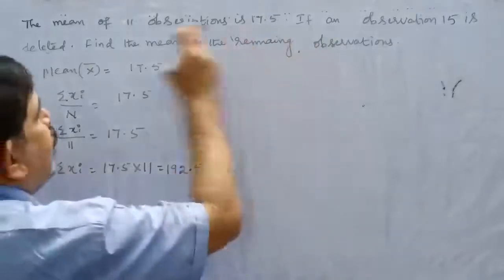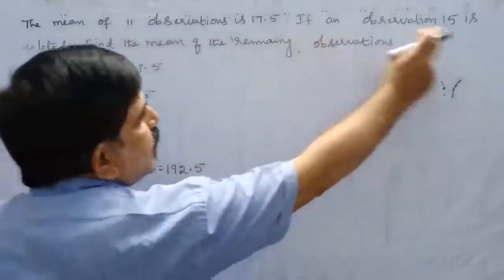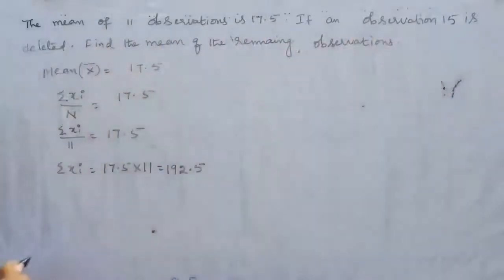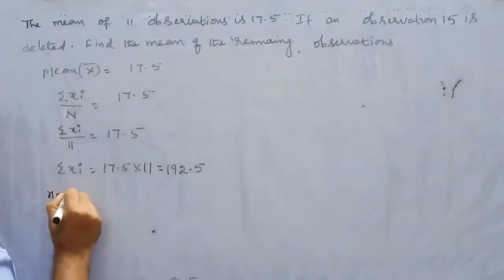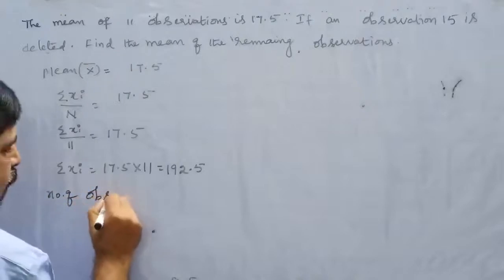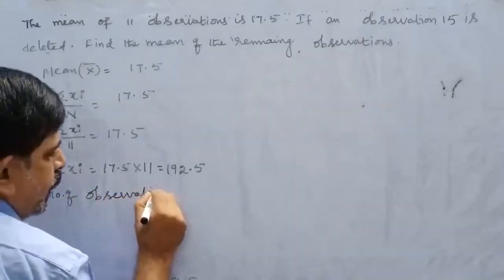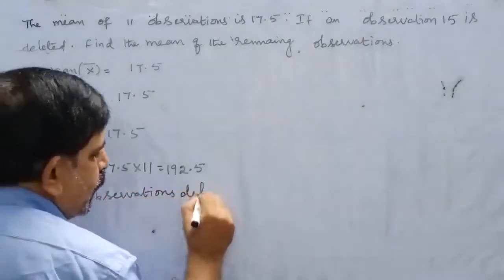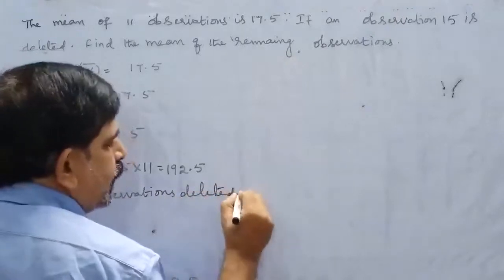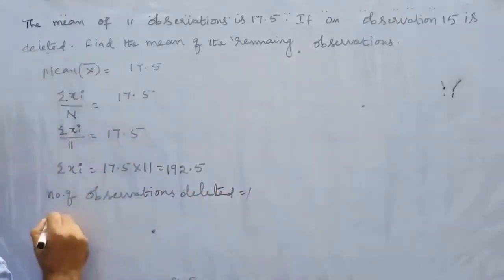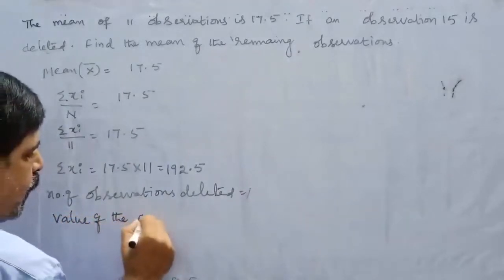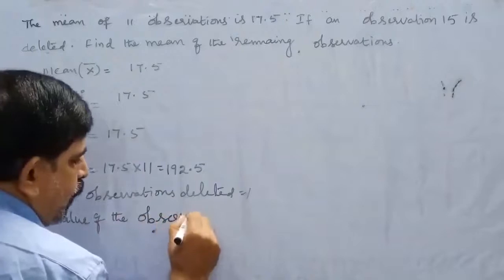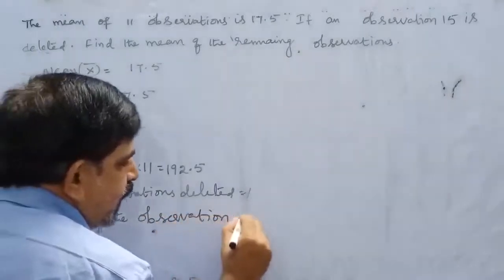Next, if an observation 15 is deleted, the number of observations deleted is one and the value of the observation is 15.